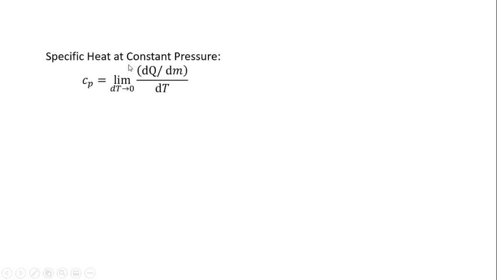And if we consider the specific heat at constant pressure, which is Cp, by definition we can write the equation like this, and from the first law, if we write the first law on a unit mass basis, we will find that dq by dm, when P equals constant, is dh at constant pressure.